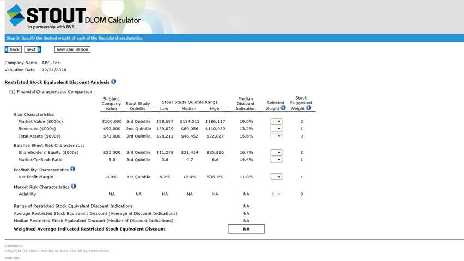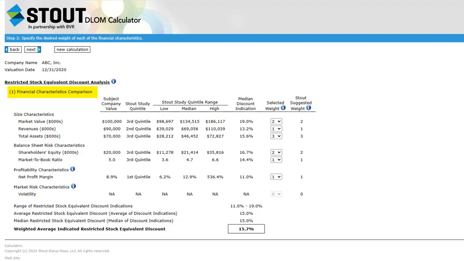For determination of the restricted stock equivalent discount, the financial characteristics of the subject private company are analyzed in relation to the small block data in the study. The first part of the restricted stock equivalent discount analysis is the financial characteristics comparison.